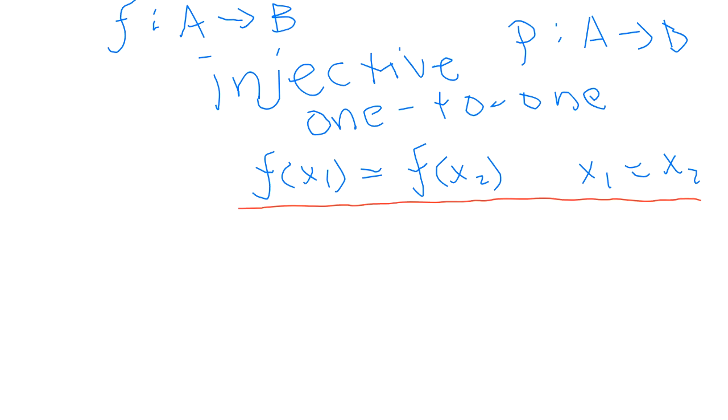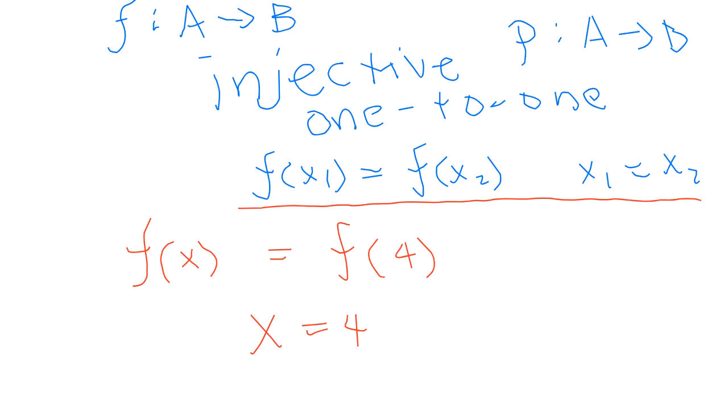If you see a situation where f of some x was the same as f of 4, it meant that x must have been 4, because they couldn't have one element in A going to an element in B, and the next element in A going to the same element in B. They must have been the same element. That's what they're saying when they said if f of x1 equals f of x2, then x1 must have been x2.